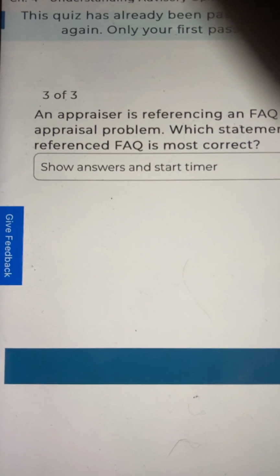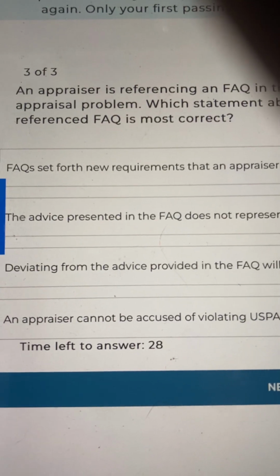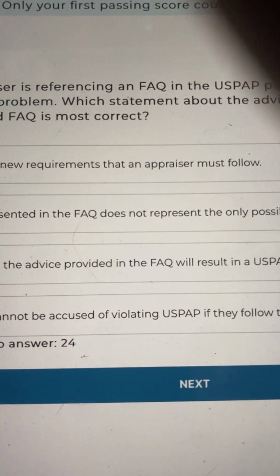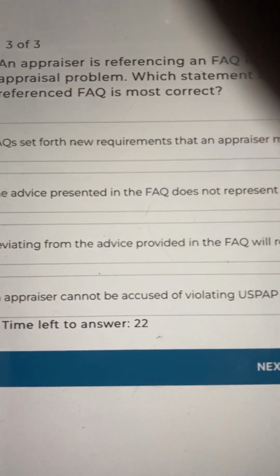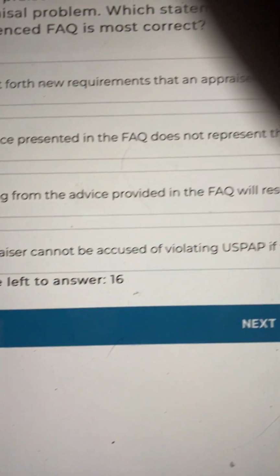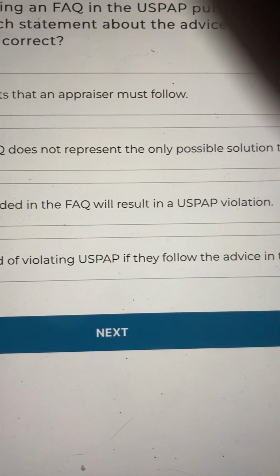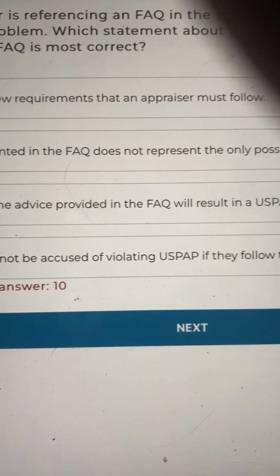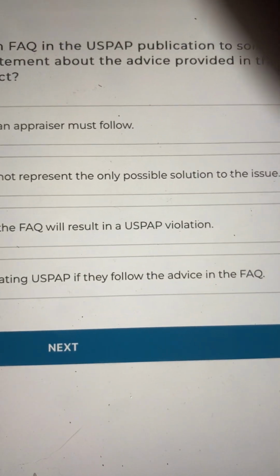Ready, set, go. A. FAQs set forth new requirements that an appraiser must follow. B. The advice presented in the FAQ does not represent the only possible solution to the issue. C. Deviating from the advice provided in the FAQ will result in a USPAP violation. Or D. An appraiser cannot be accused of violating USPAP if they follow the advice in the FAQ.